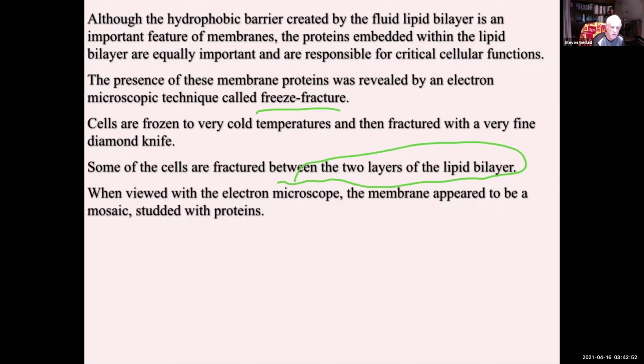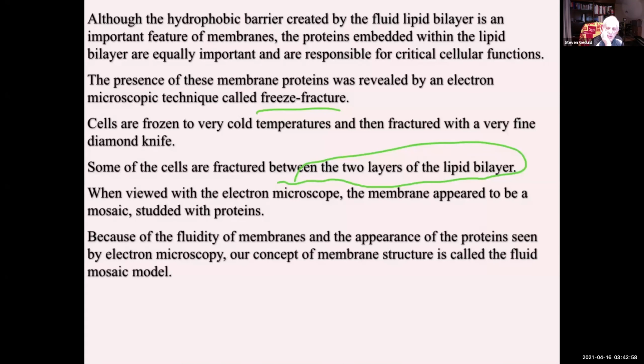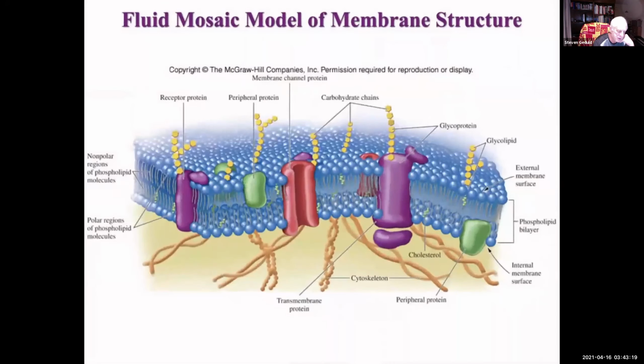It's a fluid mosaic model, and all these proteins are stuck within it. Okay, because of the fluidity of the membranes and the appearance of the proteins, our concept of membrane structure is called the fluid mosaic model. Okay, it means it organizes by itself into like micelles, and it's fluid like olive oil. That's how it moves, and there's proteins embedded in it. That's the mosaic portion.